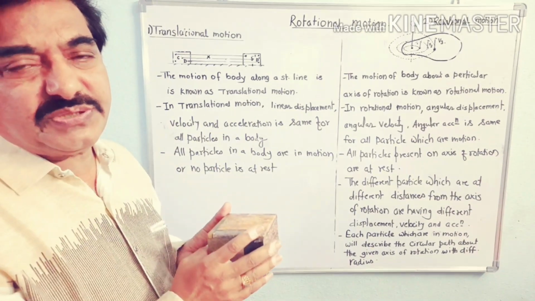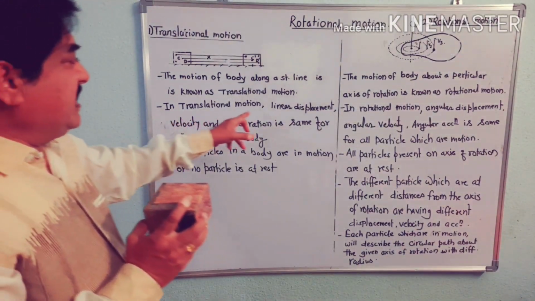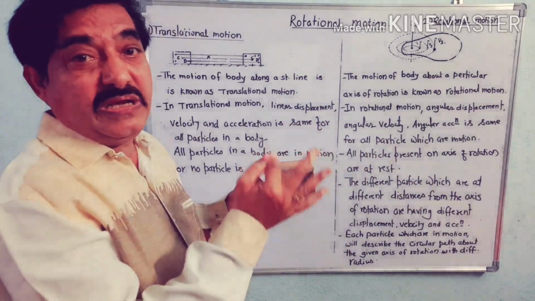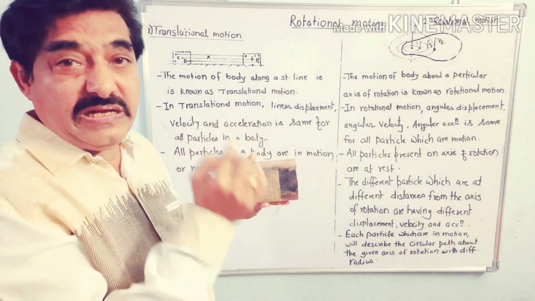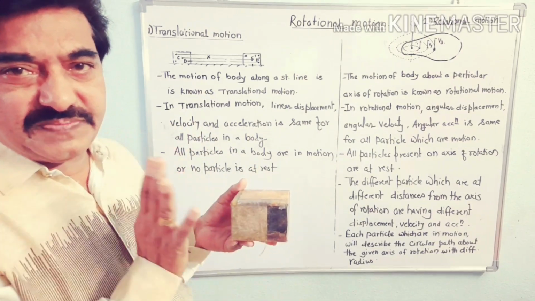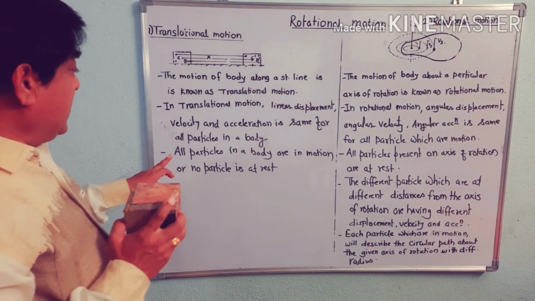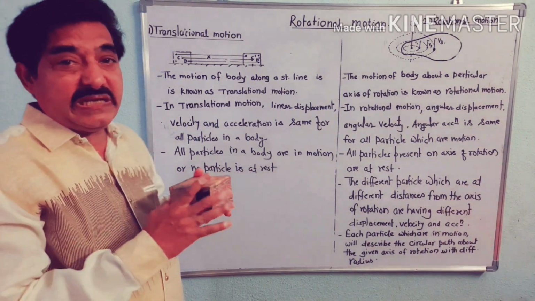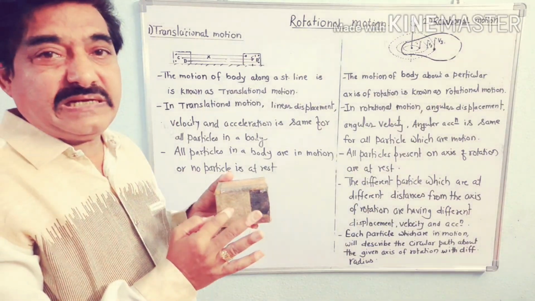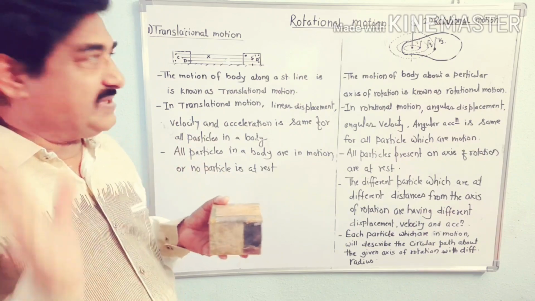Second characteristic, in a translational motion, linear displacement, linear velocity and linear acceleration is the same for all particles in a body, and all particles in a body are in motion. That is, every particle inside this body is in motion. That is, no particle is at rest.